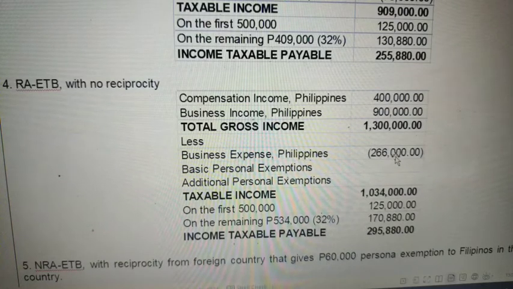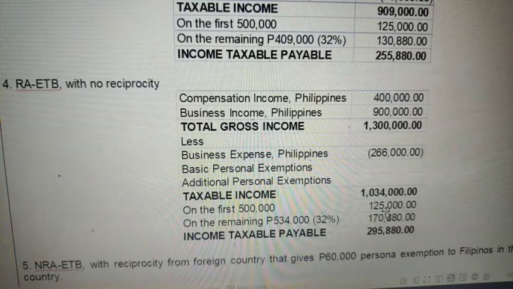So it means ang maliles lang sa kanyang total gross income is the business expense. And then pag less mo ng 266,000 sa 1,300,000, makukuha mo ang kanyang taxable income ng 1,034,000. So the same, the range of the taxable income on your tax table is 500,000 to over.